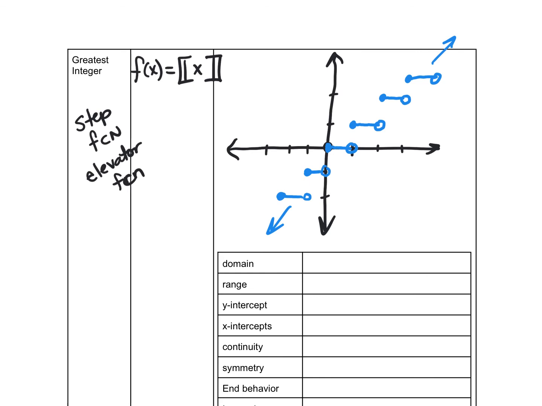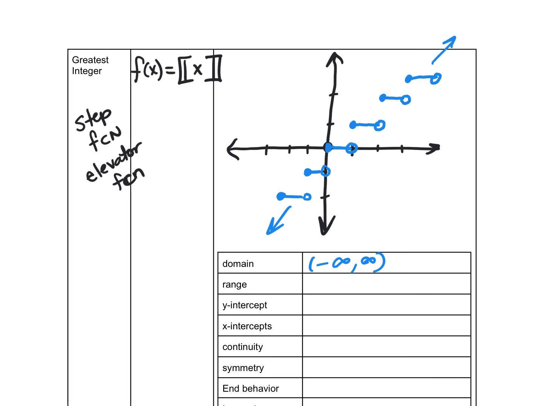Now, this one is going to require you to actually do some thinking. If I were to collapse this entire function all the way down to the x-axis, in other words, if I were to squish it this way, how much of it would be covered? All of it. So what is the domain of this function? All real numbers. Yep, for every open circle, there's still a closed circle on the x-axis, isn't there?